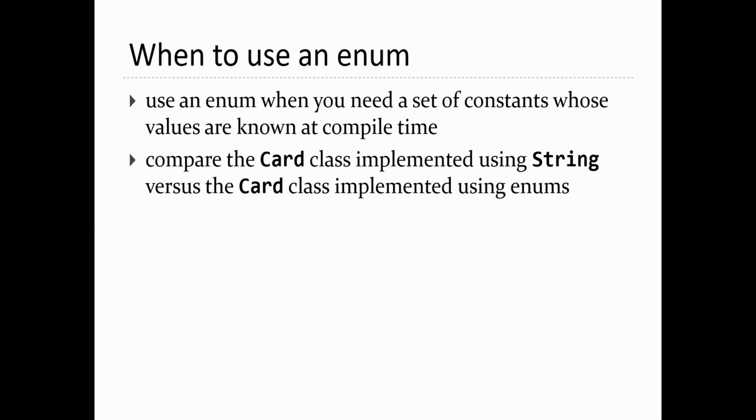But you've only got 4 suits, so it makes sense to make an enumeration for the suits. And you only have 13 ranks, so it makes sense to make an enumeration for the ranks. And if you implement a card using enumerations instead of string, your life becomes a lot easier, because to make a card using strings, it's really awkward.